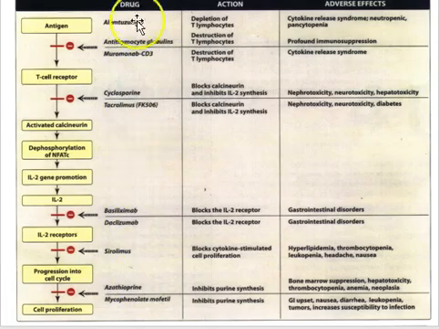Here's a list of a couple of examples of drugs that specifically target or inhibit a specific process, the official mechanism of action, as well as some of the more commonly encountered adverse effects. A lot of these adverse effects are not commonsensical, and so you just have to memorize some of the few that are listed.